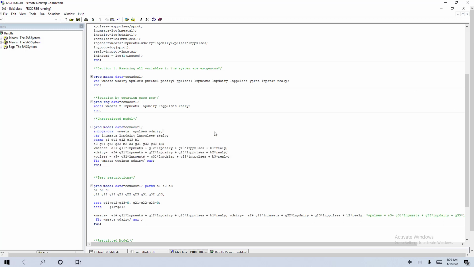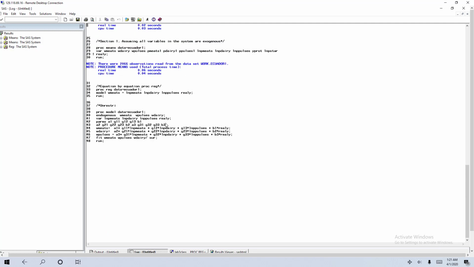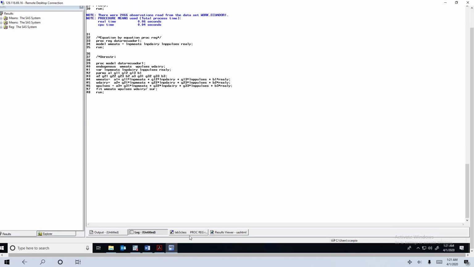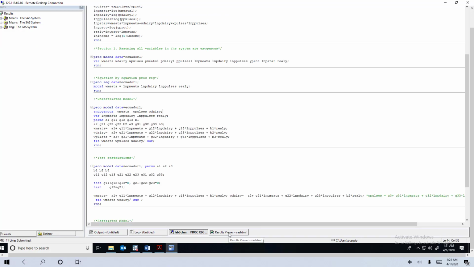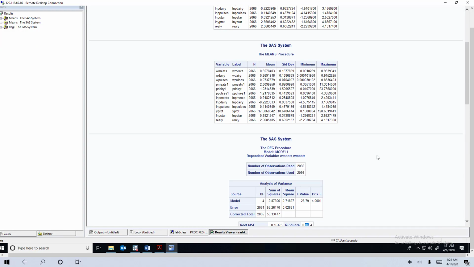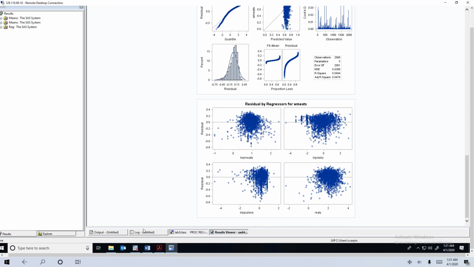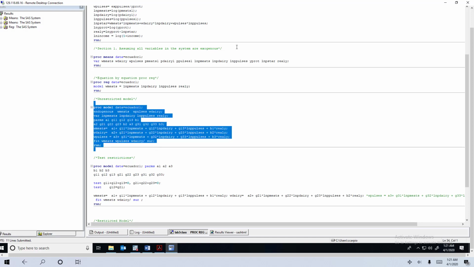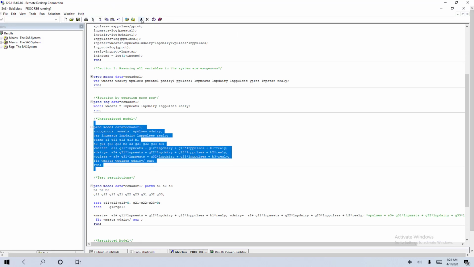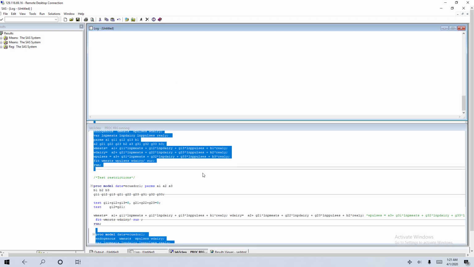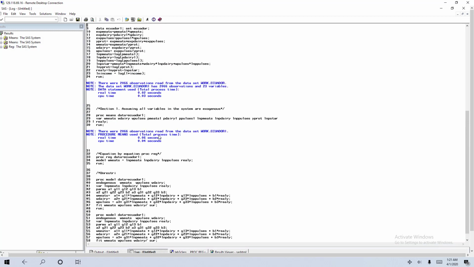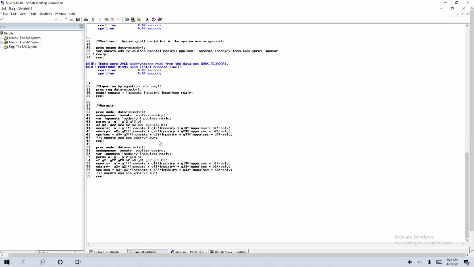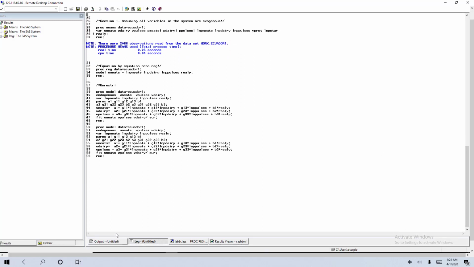Oh, there's a problem. I don't know what happened. I have again an error. Yes, it seems that it's working, but did I get the results? Not yet. That's strange. Let me run it again. I'm not getting any message, and I'm not getting any output either.